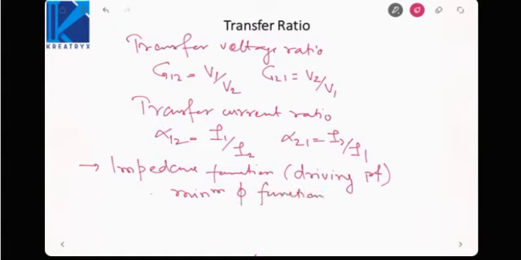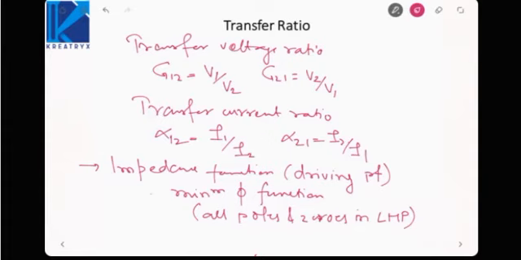What is a minimum phase function? When all poles and zeros lie in the left half plane, it is known as a minimum phase function. Similarly, for the transfer function, poles must lie in the left half plane because it must be stable. Zeros can be right half as well as left half. But for driving point impedance function, all poles as well as zeros must lie in the left half plane.